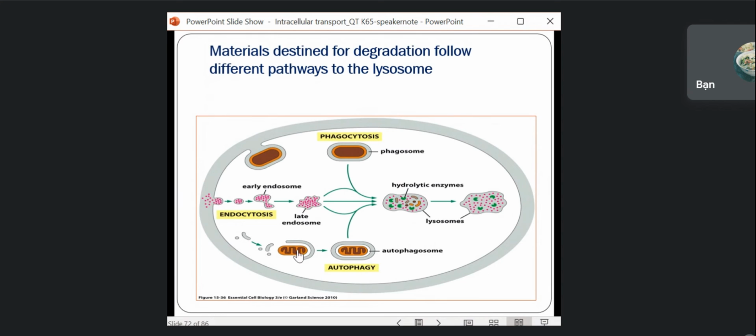That means some structure or some organelle inside the cell can be degraded by the formation of the autophagosome. That means they use a structure to surround the organelle or structure in the cell and fuse it with the lysosome and do the autophagy.